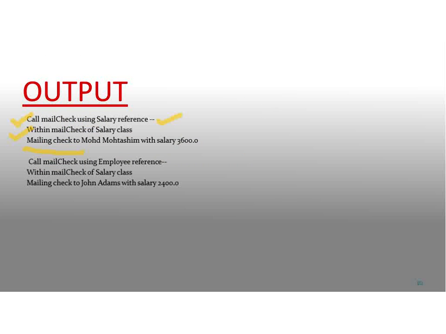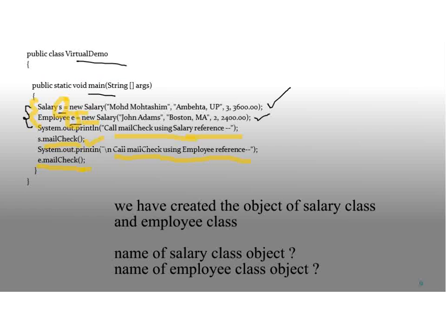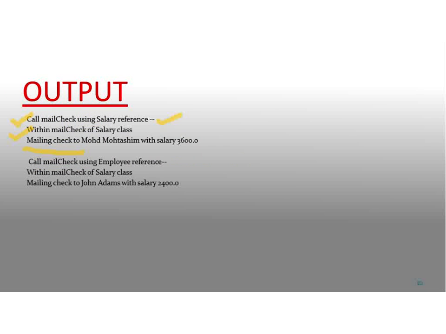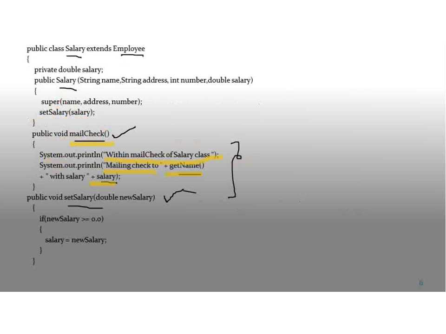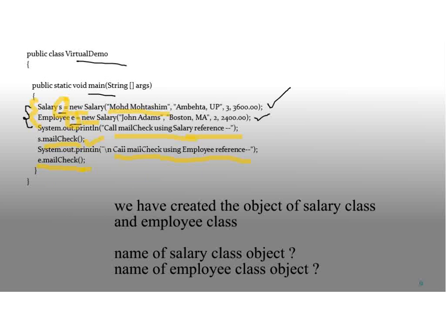Now we have mailing check to, plus get name, then with salary plus salary. First of all, mailing check to will be printed. This is a string, mailing check to, and then the name. What is the name in salary class?